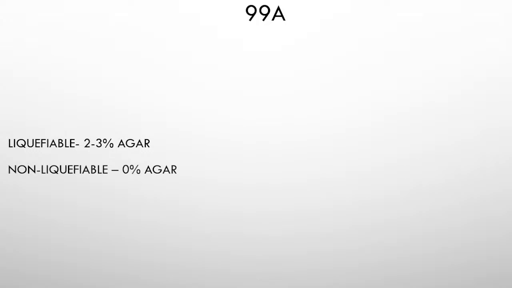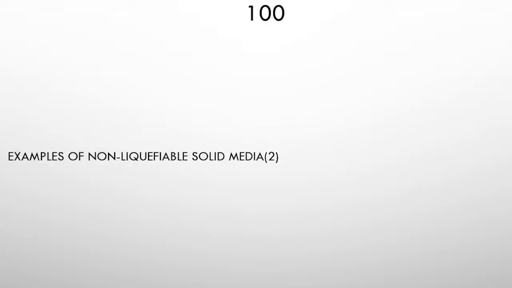Because usually these are the dried up or lyophilized portions of culture media, and they are useful in long-term storage of microorganisms. Examples of non-liquefiable solid medium are your chopped meat medium and rice grain medium.